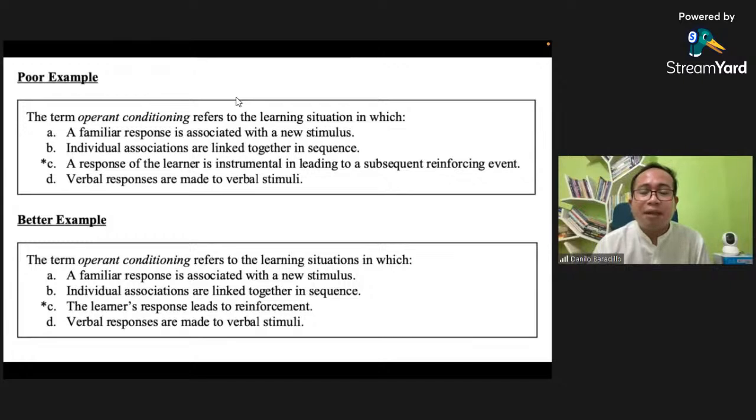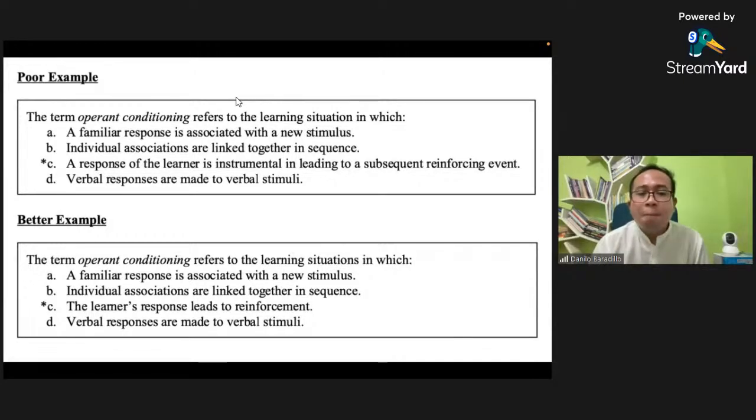Of familiarity. But this time, you have to make sure that it is not coming from the textbook verbatim, but the thought should be there. For example, how do we place it in a better way? Letter C is the answer. Now you look into letter C. Letter C is a response of the learner instrumental in leading to a subsequent reinforcing event.